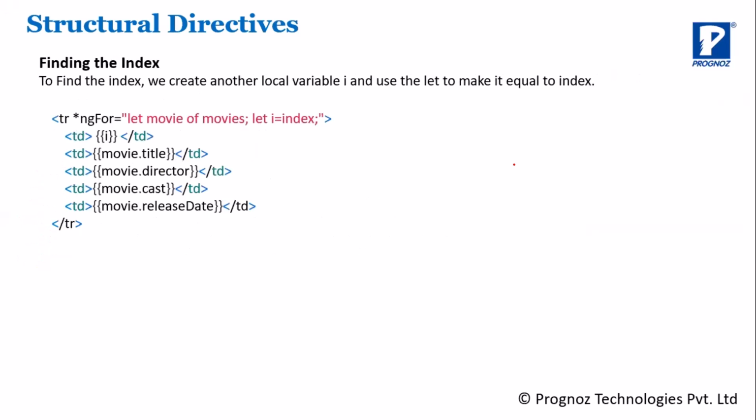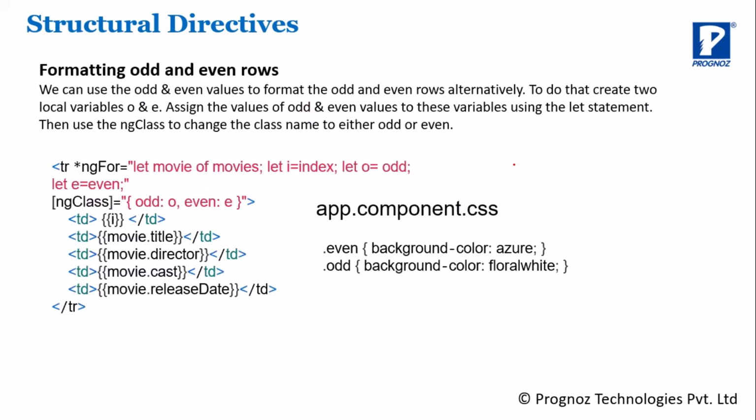The same way we have some other variables, like the count variable, first variable, last variable, that we can also use. So now I'm going to use, for example, the odd or even variable, odd row and even row, which will display different background colors that I want in my application. Each and every row should have a different color.